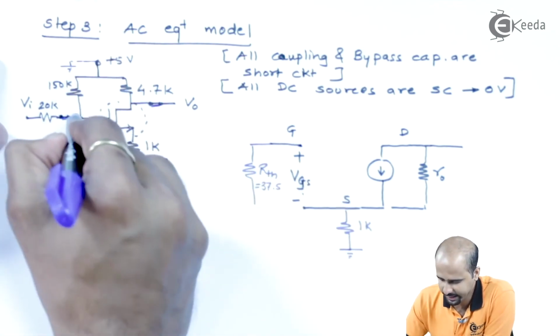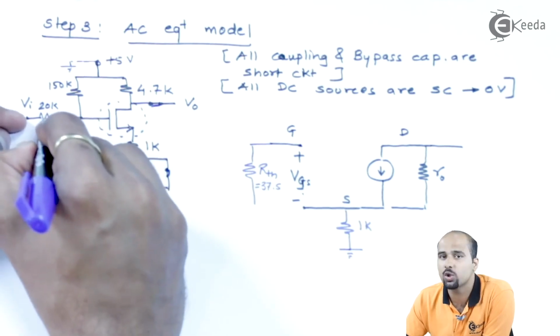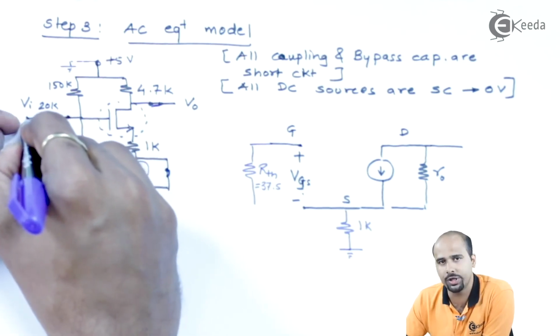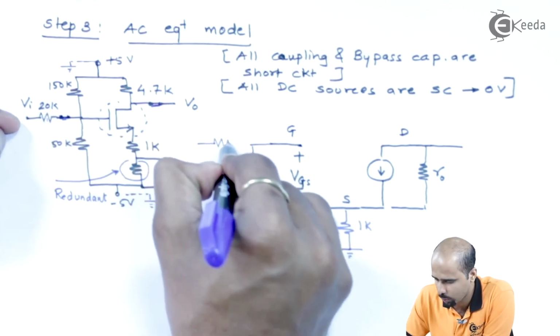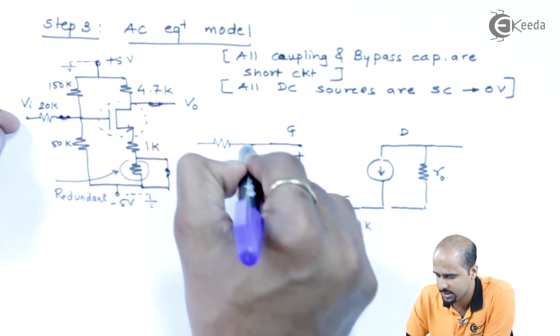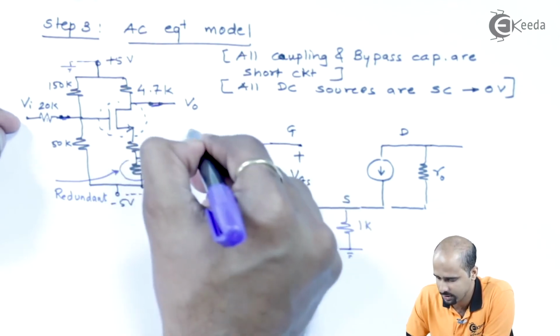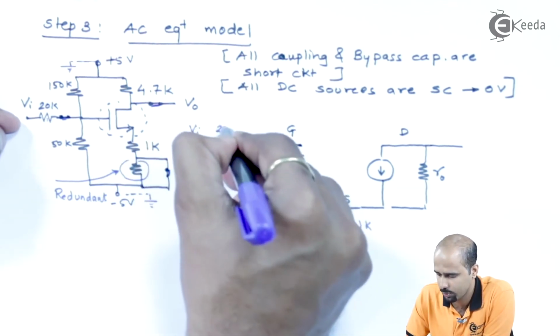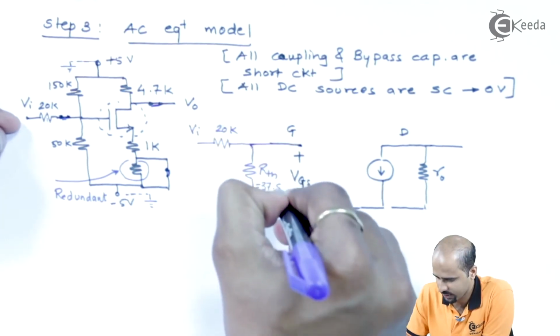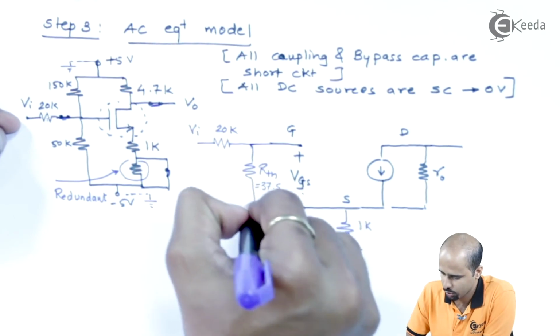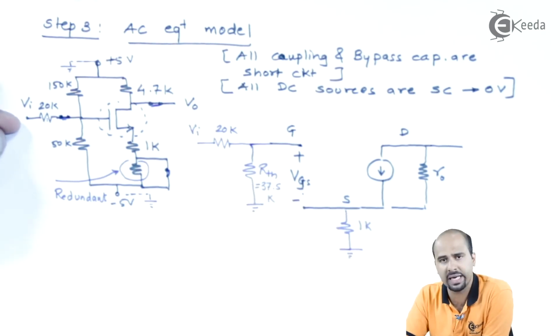Okay, this gate terminal is directly connected to the 20K and connected to the input voltage, right? So we will draw one more resistance in series with gate and input. So this will be your 20K. Okay, so 37.5K and this is 20K. So this finished your gate side.